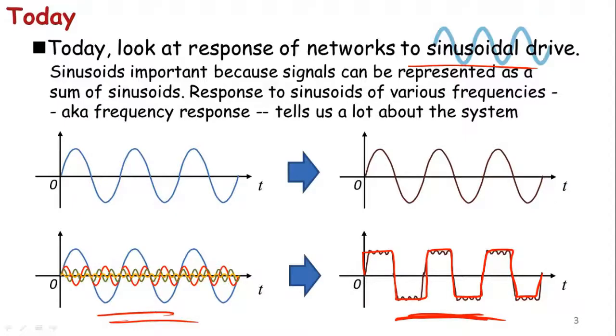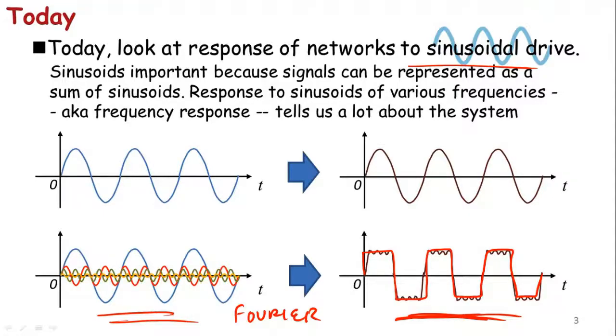This technique that can transform any waveform into a sum of sinusoids representation is called Fourier analysis. So Fourier analysis is a technique whereby I can decompose any waveform into its component sinusoids. And in fact, for a repetitive pattern like a square wave or a triangular wave, Fourier series analysis can show that it can be represented as a sum of sinusoids. And the sum of the 4 sinusoids I showed you here give you more or less a square wave on the right hand side.